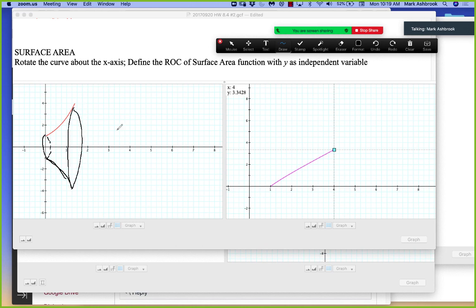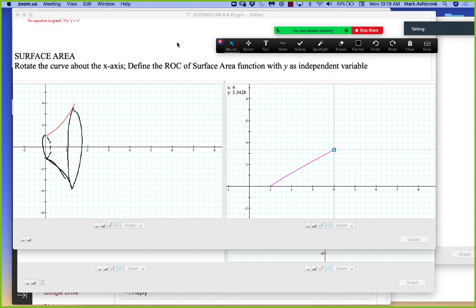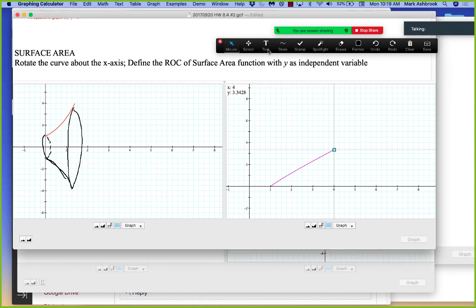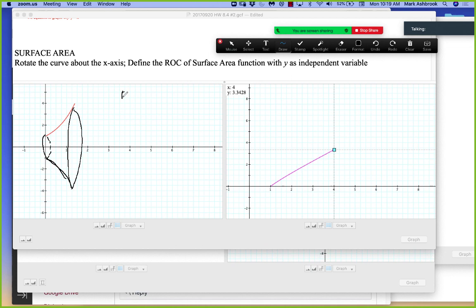Okay, and so now we want to generate surface area. And now we want the rate of change of surface area, right? So here's the key. The rate of change of surface area in general, generically, is 2 pi r times the square root of 1 plus your function value derivative squared, right?